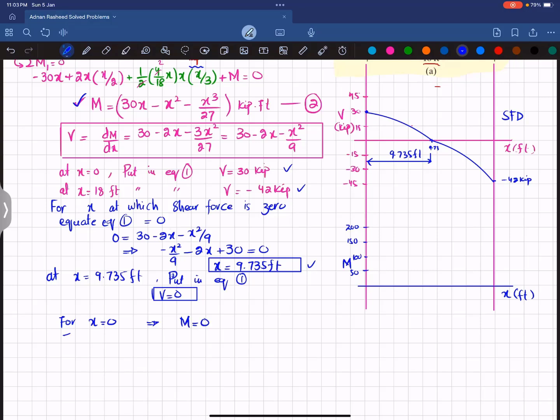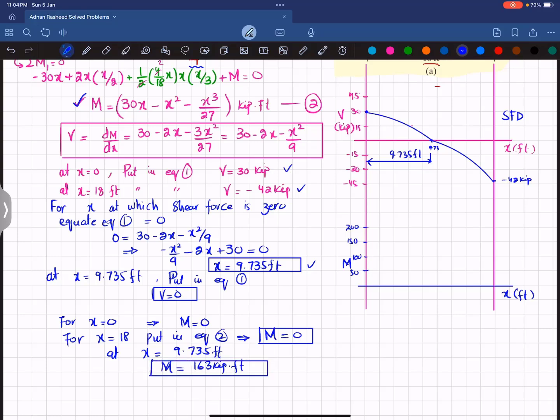And for x equal to 18 feet, put it in equation number 2, and you will get the moment also equal to 0. And at x equal to 9.735 feet, when you put it in equation number 2, you will get the moment equal to 163 kips into feet, and that will be the maximum bending moment.